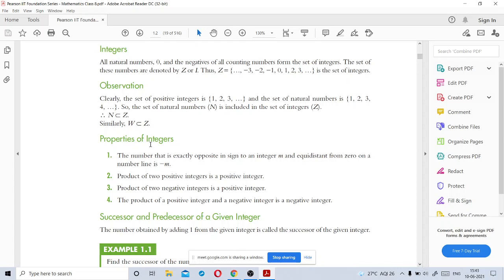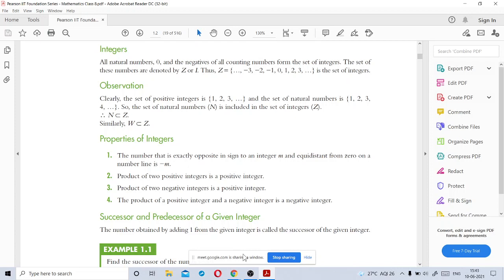Now, properties of integers. Let us recollect the properties of integers. The first property: the number that is exactly opposite in sign to an integer m and equidistant from 0 on the number line is minus m.